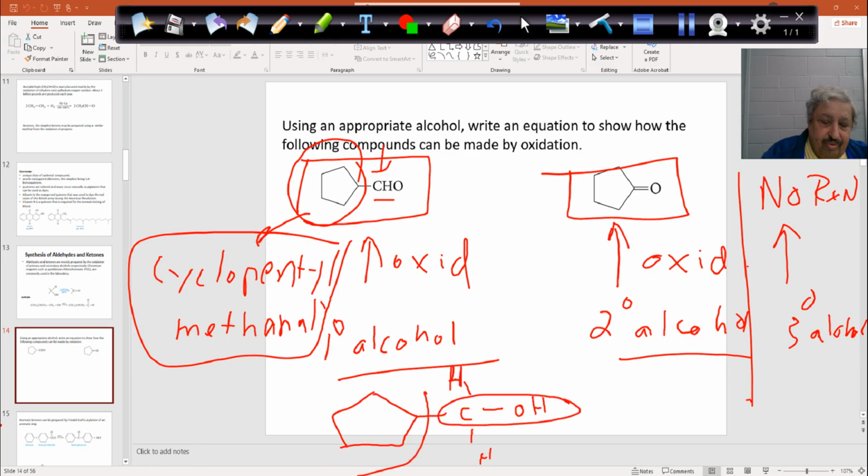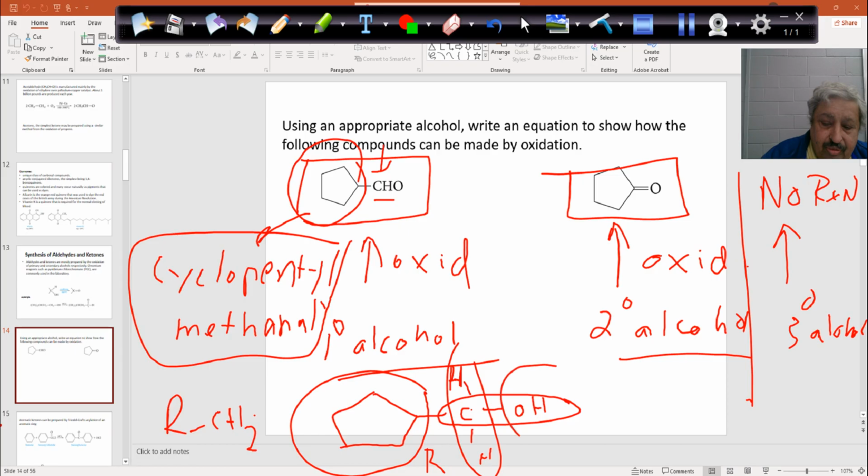You have one substituent, correct? Carbon is only one, and then this is R, that's your R. R, CH2, and this is OH. So this is coming from this primary alcohol, and you get this cyclopentylmethanol.